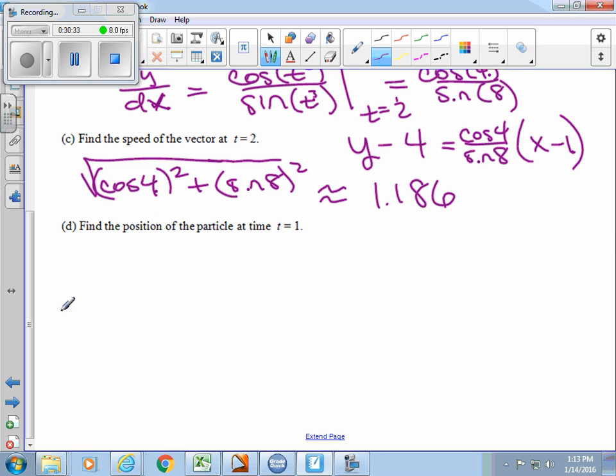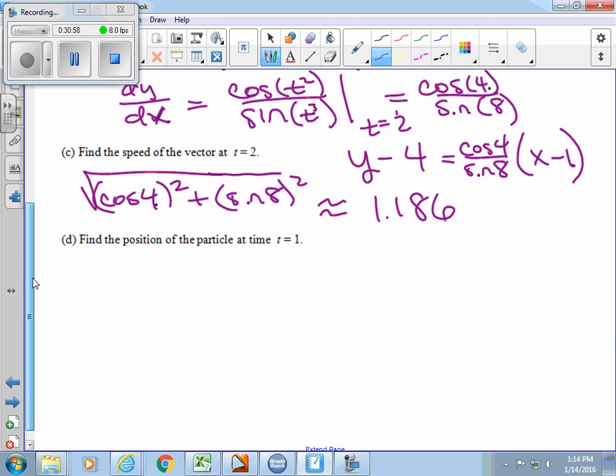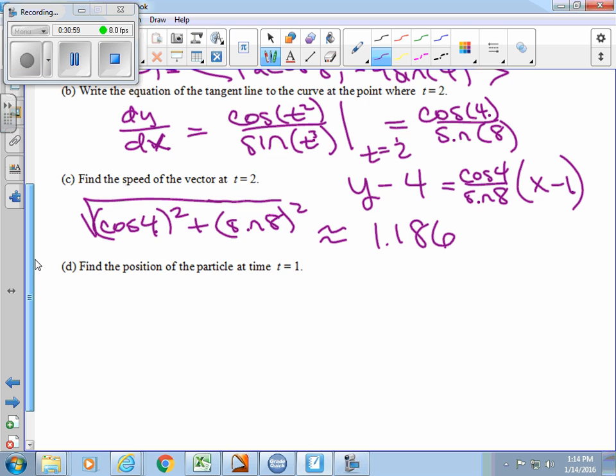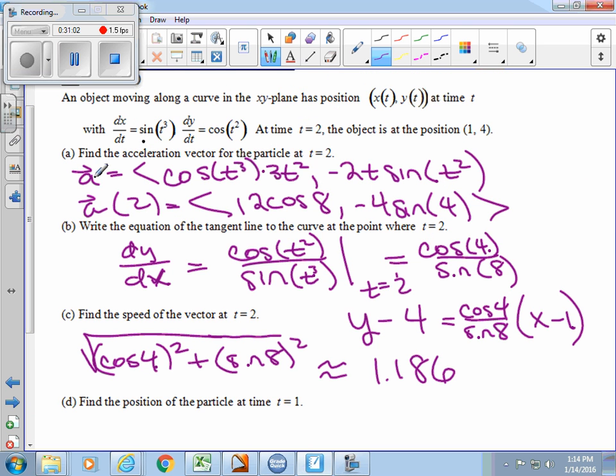Now, I have to use some information though, because what do I get if I integrate? Okay, I get a plus c, or I get a displacement. Do you agree I get a displacement if I integrate? So, how do you get position? What do you have to use to get position? You have to use an initial condition, which we are given.